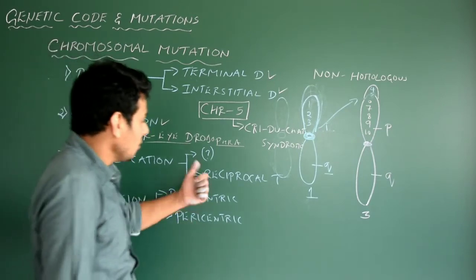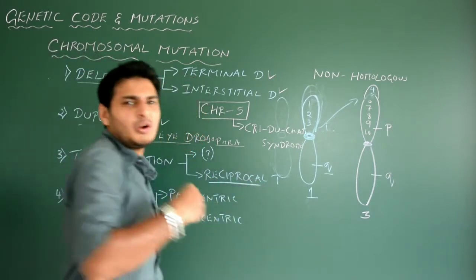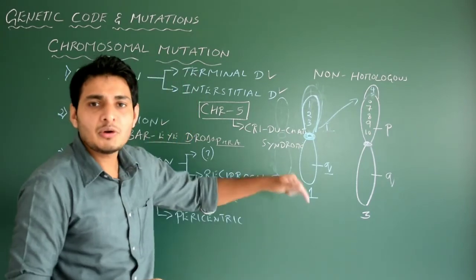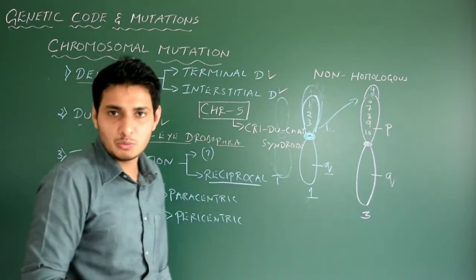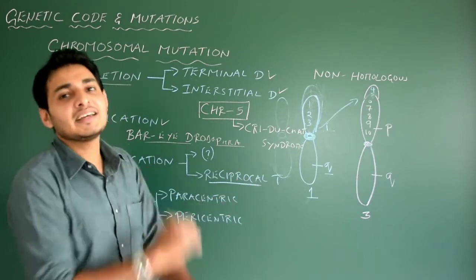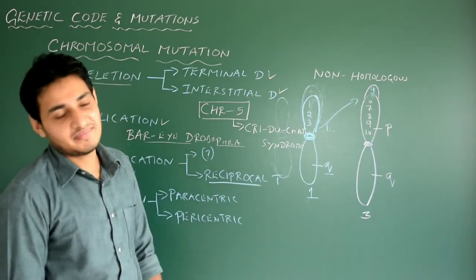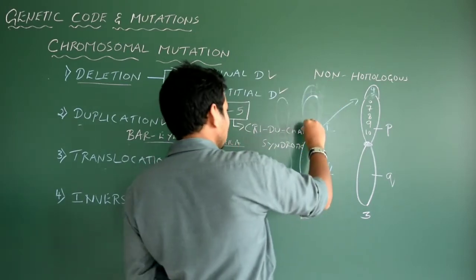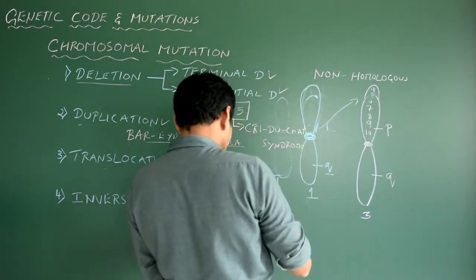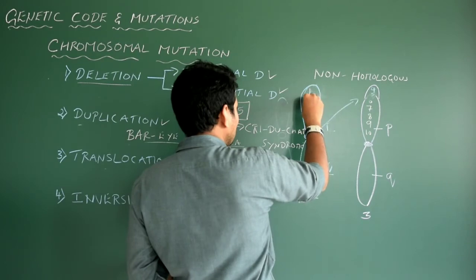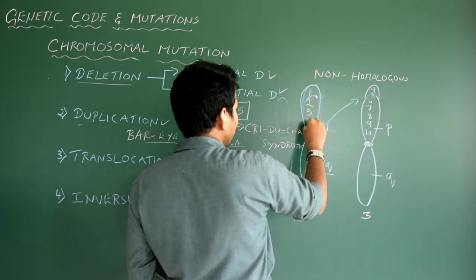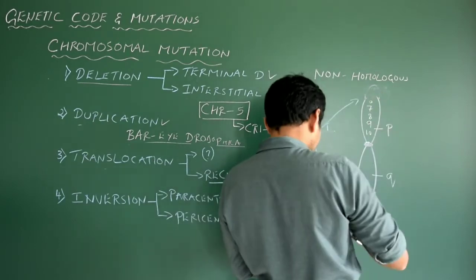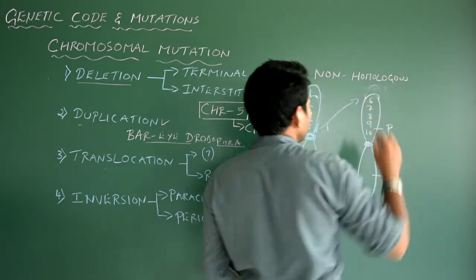Now reciprocal translocation. What is this reciprocal? Reciprocal means the crossing over is taking place between non-homologous chromosomes, but they are sharing the segments of the chromatid. Now again I am going to erase this and redraw it. That is the chromosome or chromatid containing 1, 2, 3, 4 and 5 genes, and this is normal now: 6, 7, 8, 9, 10.